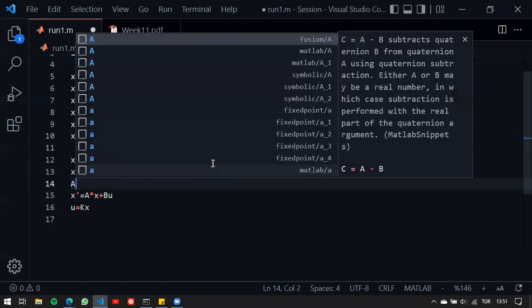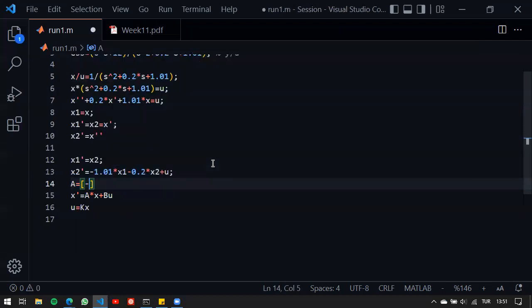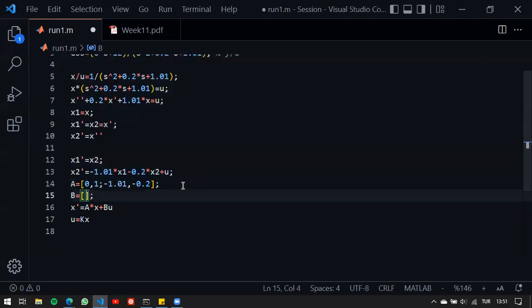So if I'm going to state the A matrix, it seems like it is minus 101, comma minus 0.2. And the first line here is 0, 1, because the first equation is this one, the second one is this. And then if I'm defining B, it would be equal to 0 and then 1.